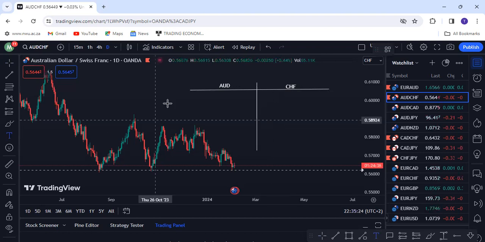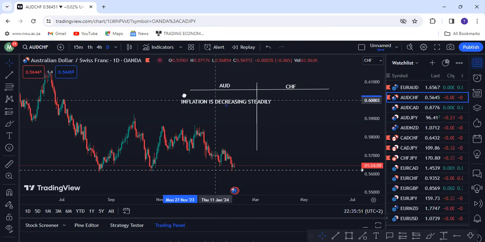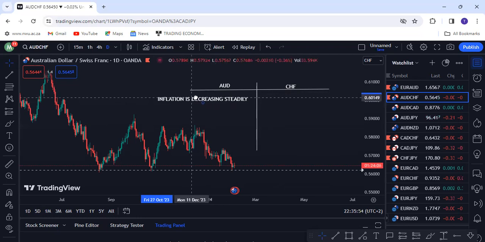Now, with the Australian dollar, what we know is that inflation is steadily decreasing, or decelerating. This is what we know, that inflation is coming to the 2%, slowly though.